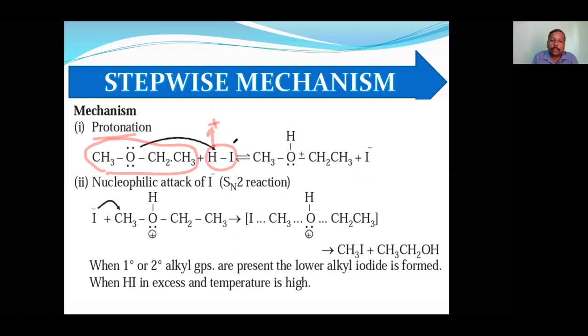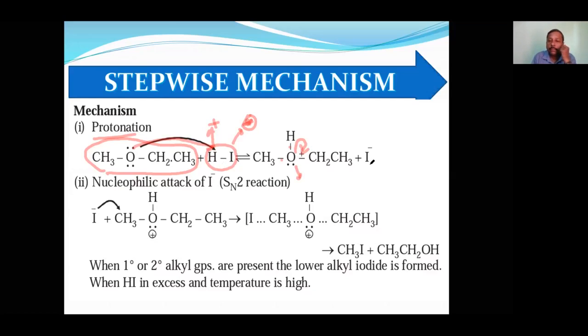This is the proton, this is the negative charge. Now this lone pair will be accepted by the hydrogen. So now this oxygen, see here, there are 3 bonds with one lone pair. Because of the 3 bonds and one lone pair, now it is having the positive charge.